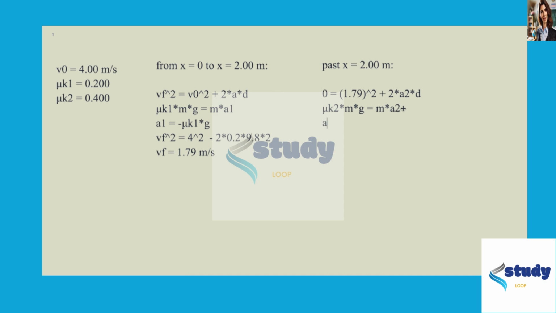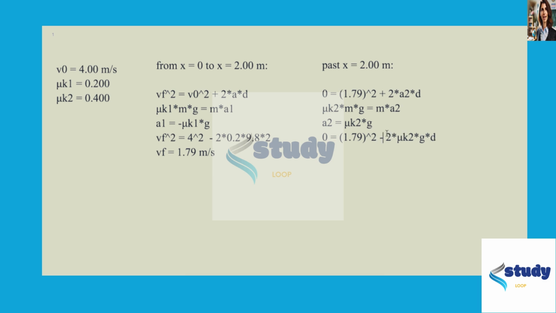So our A2, again, the factors of m are just going to cancel out. So A2 is just going to be mu k2 times g. And so now we can plug in here our mu k2, and we're trying to find D here.